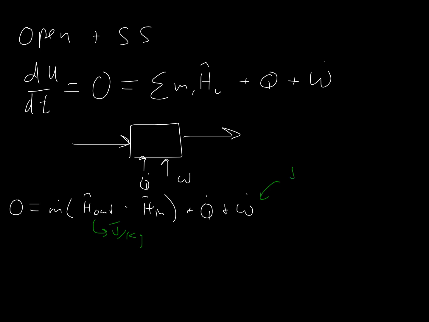So the work is going to be joules per unit time. So in this case, if we have a mass flow rate of kilograms per second, everything should work out to be the rate of energy going into or out of the system. In this case, the overall rate is 0 because it's steady state. But we notice we have dimensional homogeneity here, right? Because dU is joules, dt is seconds, right? So everything is adding up quite nicely in terms of the units.